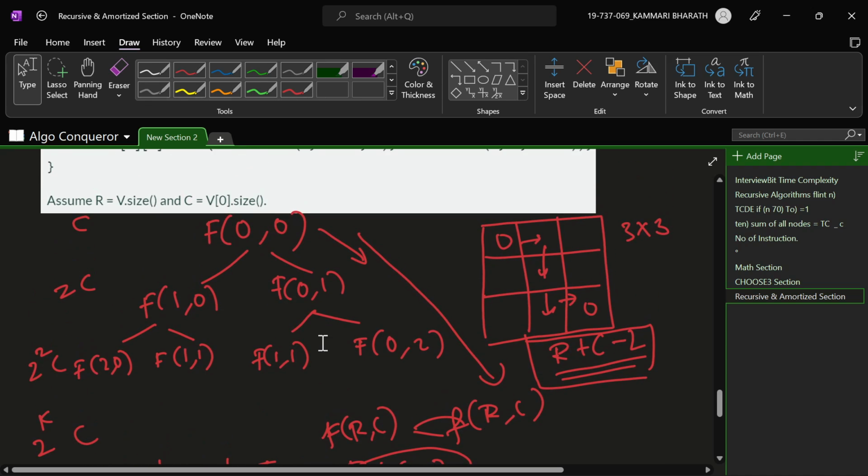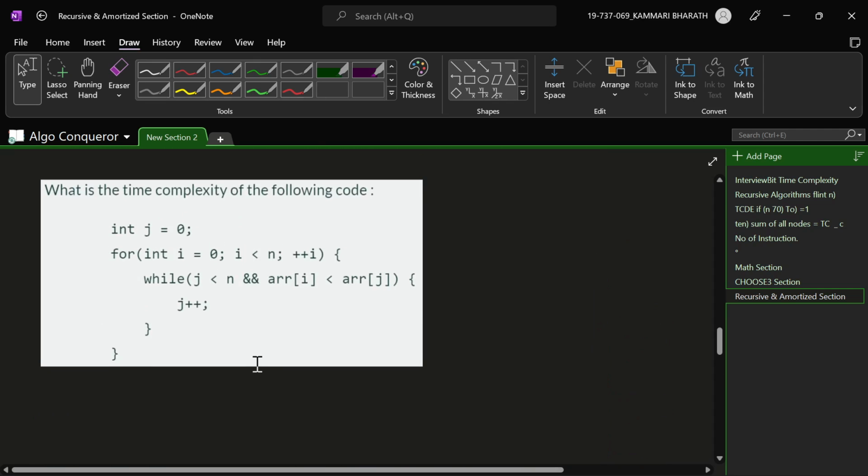And as you might have noticed, these functions are repeatedly called. This is called here, and it is called here once again. And this point is very important to solve the next problem.